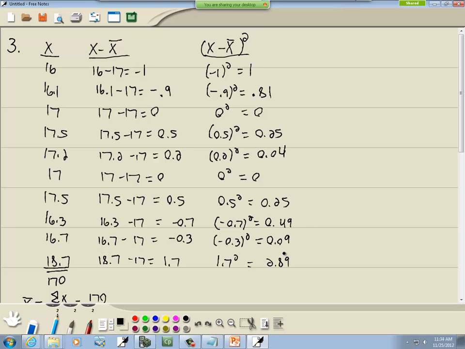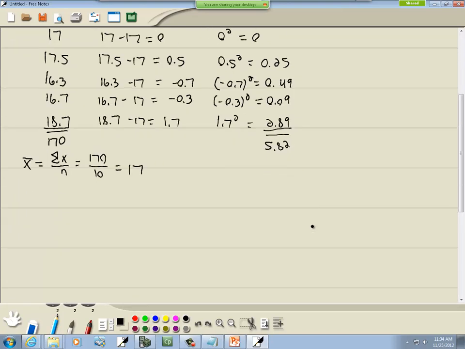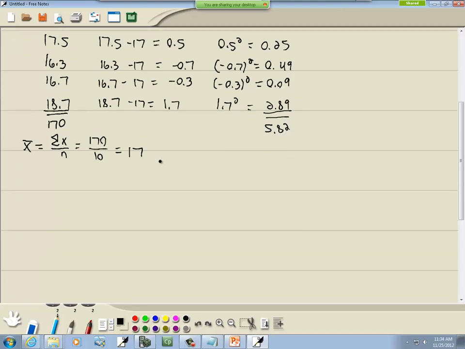I'm going to add these together, and that gives us 5.82. Okay, so s is equal to the square root of the sum of x minus x bar squared divided by n minus 1, which gives us 5.82 divided by 10 minus 1.